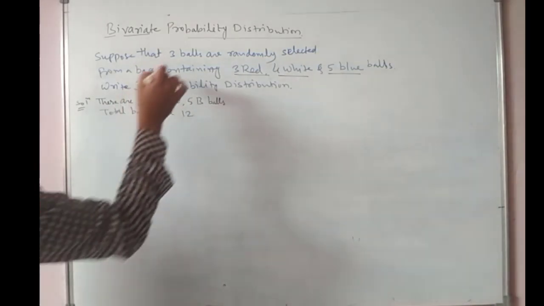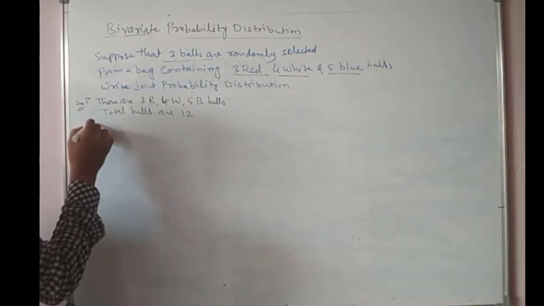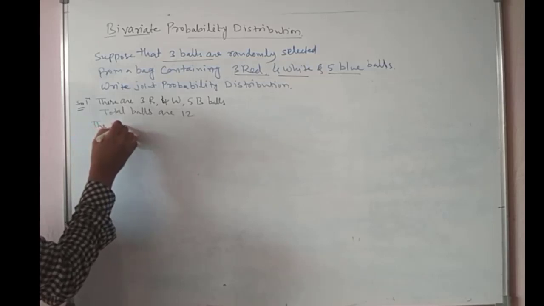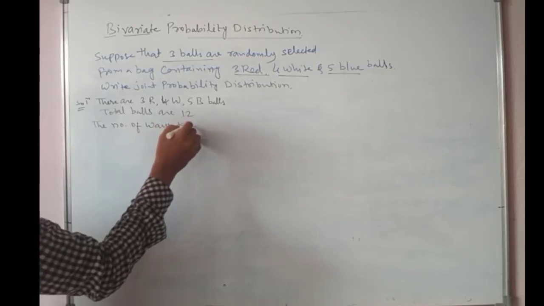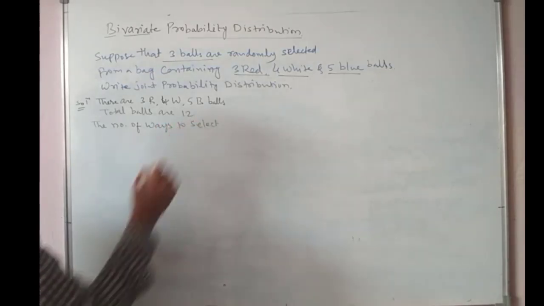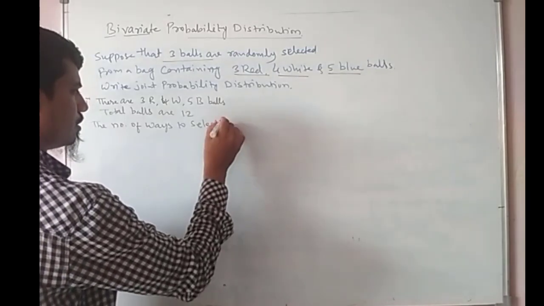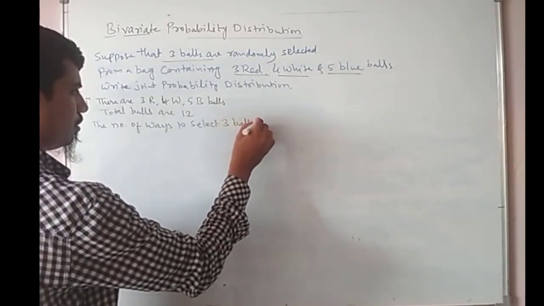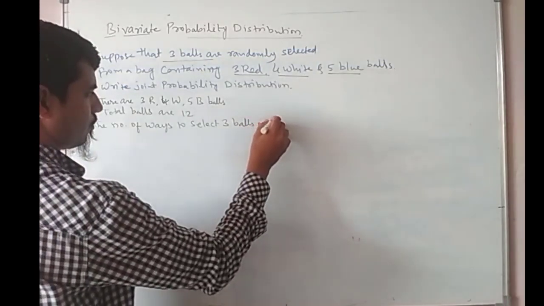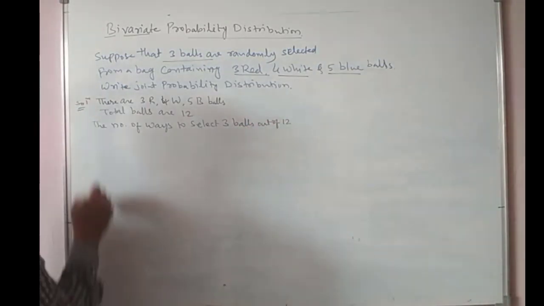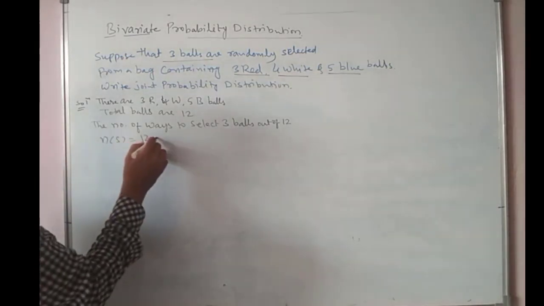In how many ways can we select 3 balls out of 12? That is your total number of ways, that is 12C3.